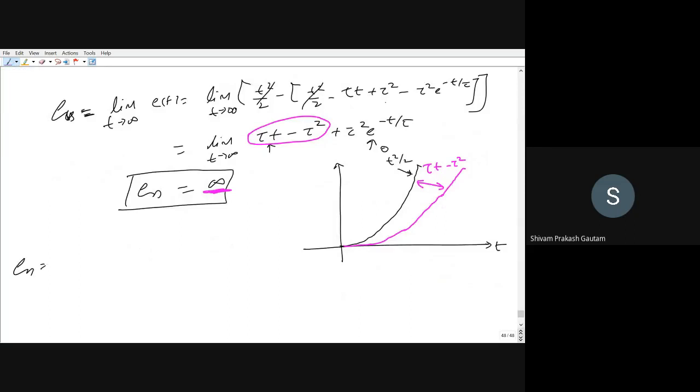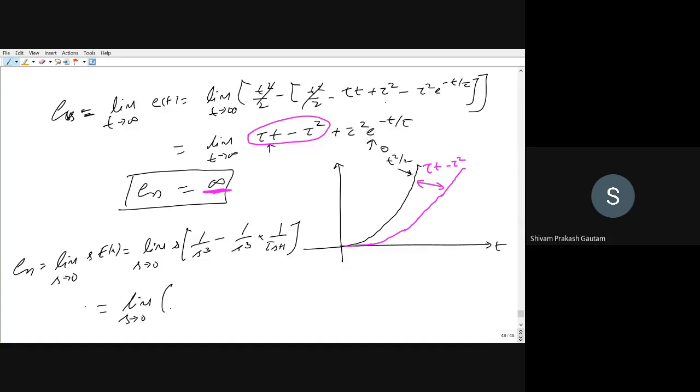So e_ss will be equal to limit s tends to 0, s into E(s), which is limit s tends to 0, s into R(s). What is R(s)? That is 1 by s cube minus 1 by s cube into 1 by (tau s plus 1). Take the s inside, so this will be limit s tends to 0, 1 upon s square minus 1 upon s square (tau s plus 1).